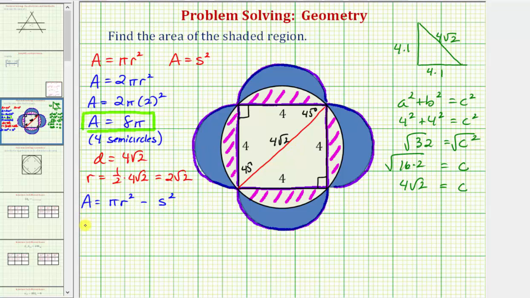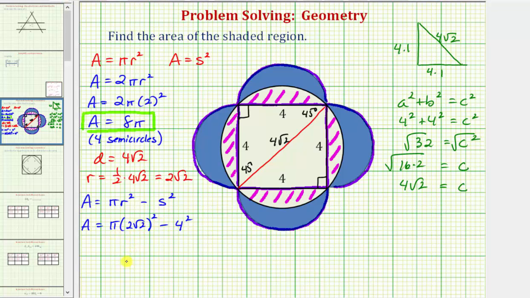So substituting in the values, we'd have area equals pi times r squared, where the radius is equal to 2 square root 2, minus s squared, where s is the length of one side of the square, which is 4, so minus 4 squared.